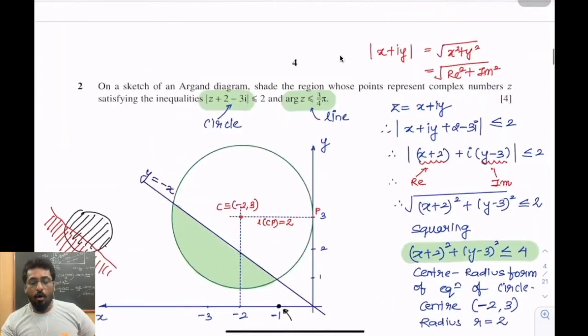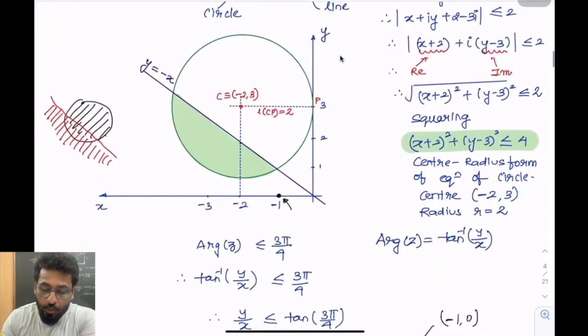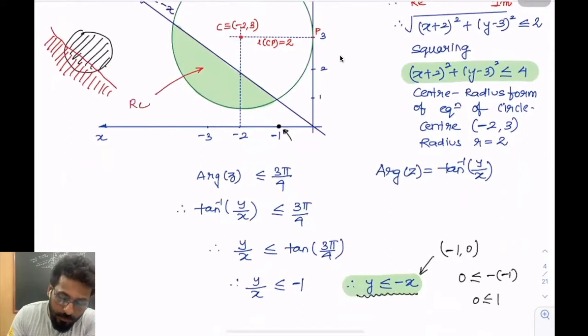On a sketch of an Argand diagram, shade the region whose points represent complex numbers z satisfying both my inequalities. So I'm going to mention that this is the region satisfying both the inequations.